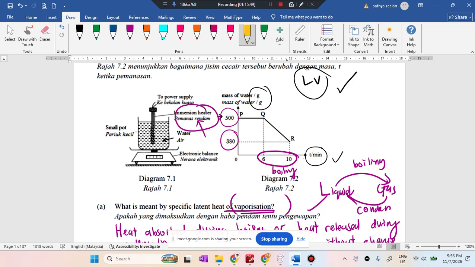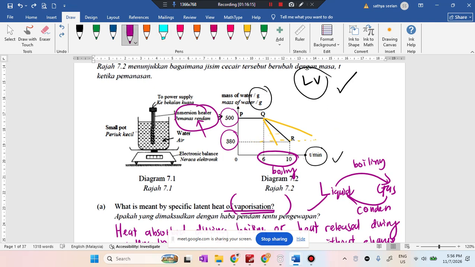If it is losing more, it will go like this. If slower, it goes like this. Understand? It will definitely decrease to 380. The thing is fast or slow. This is more towards the y-axis, and this is more towards the x-axis. In other words, steeper or less steeper.